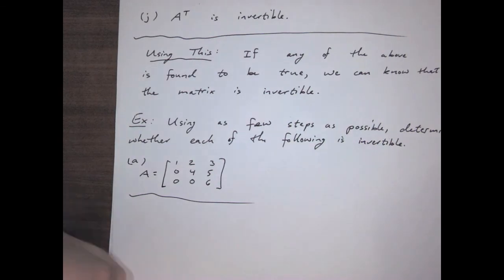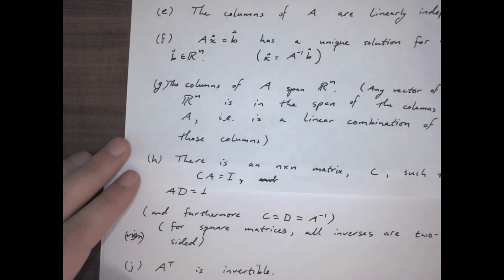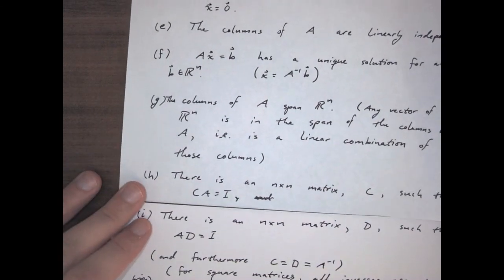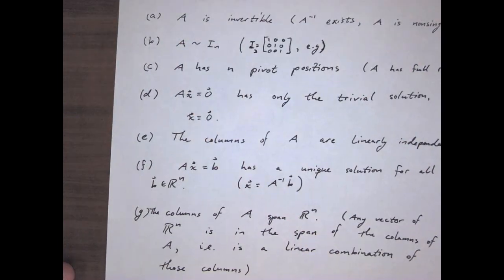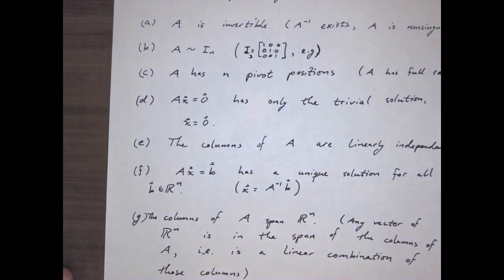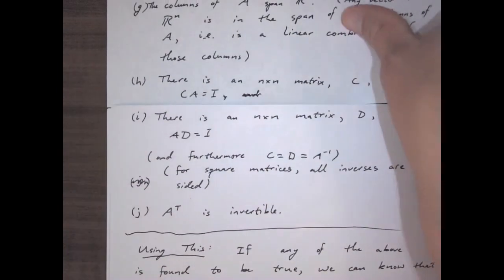Invertible or not invertible? Well, thinking about it, the question here is which of these would be easiest to use. And looking at it, if you look at C, it has n pivot positions. We can be sure of that.